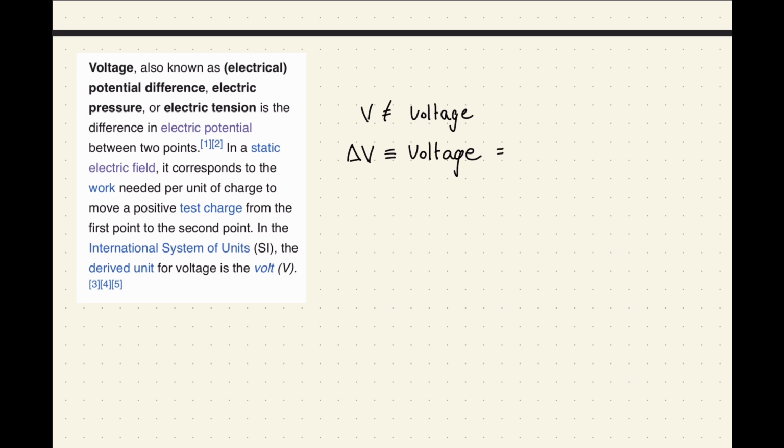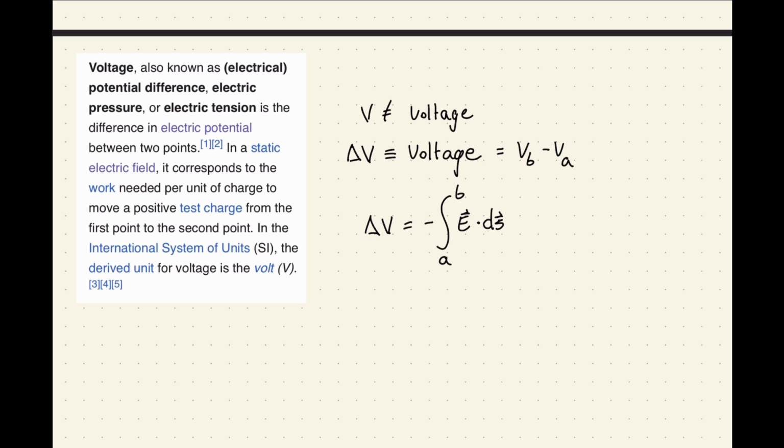So this could be between point B and point A, for example. Or if you use the actual definition of potential difference, we have this negative integral of the electric field dot product with the displacement vector. This could be the integral from point A to point B. In a static electric field, it corresponds to the work needed per unit charge to move a positive test charge from the first point to the second point.